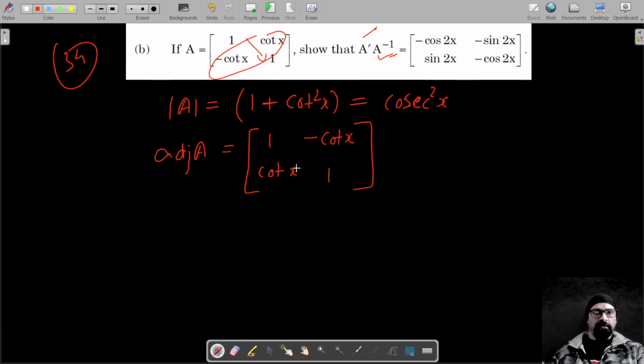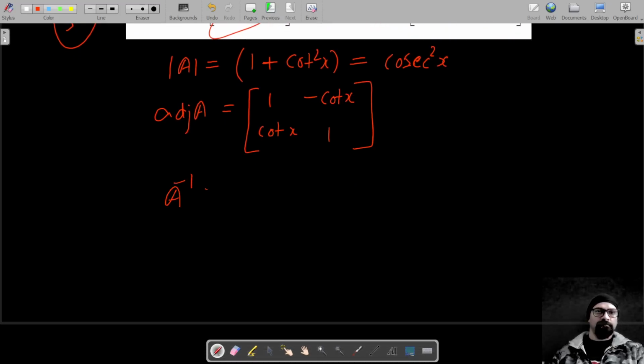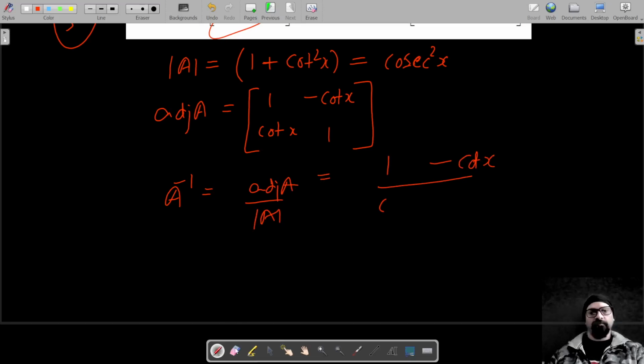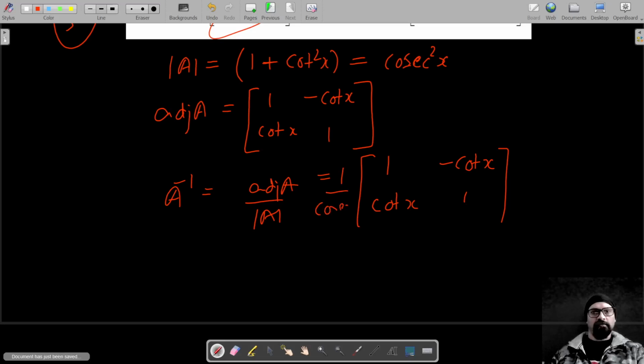So A inverse is adjoint of A divided by determinant of A. So adjoint of A is 1, minus cot x, cot x, and 1, and this has to be divided by determinant of A, which is cosecant square x.